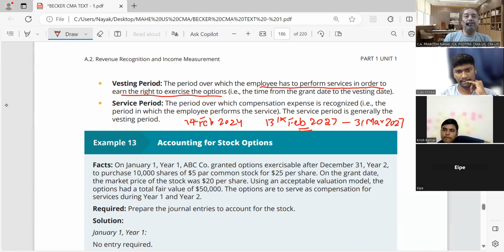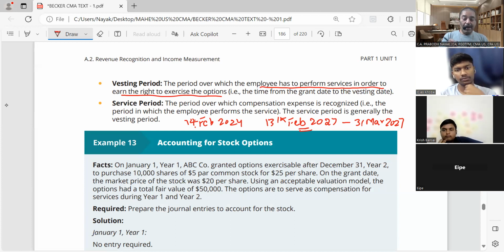Now, some companies may give you 1 year also. Some companies may give you 6 months also. So, from what date till what date you can exercise the option. Now, between 14th Feb 24 and 13th Feb 27, you can't exercise the option. During that time, you have to perform what is expected of you. Not leaving the company for 3 years, you have to ensure that you are working with the company for 3 years.